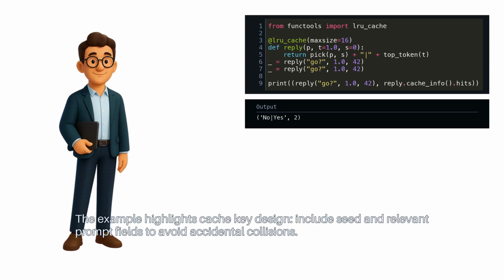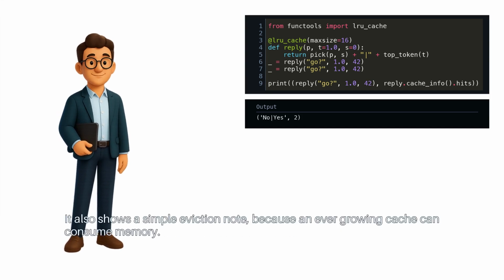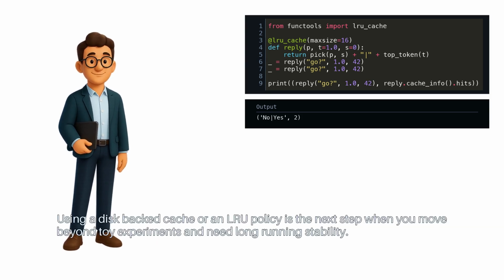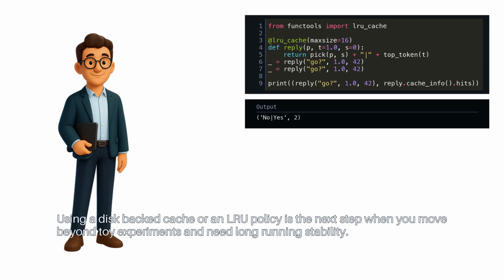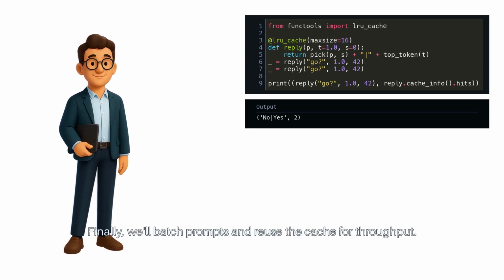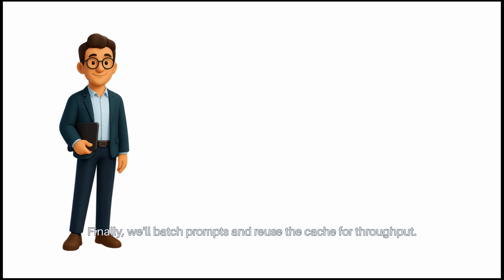Include seed and relevant prompt fields to avoid accidental collisions. It also shows a simple eviction note because an ever-growing cache can consume memory. Using a disk-backed cache or an LRU policy is the next step when you move beyond toy experiments and need long-running stability.